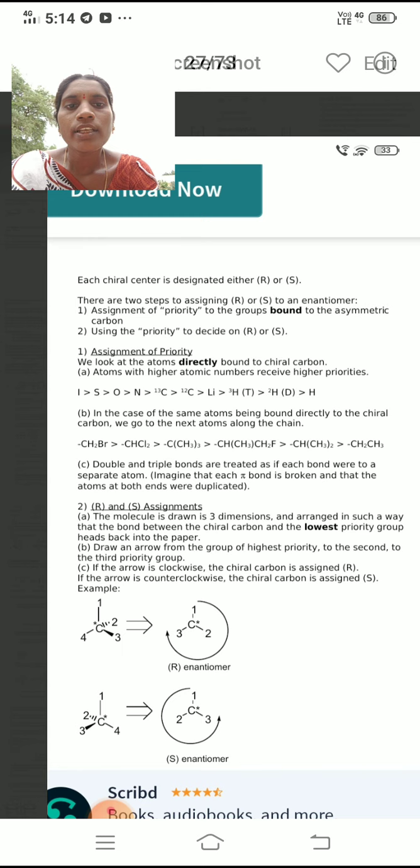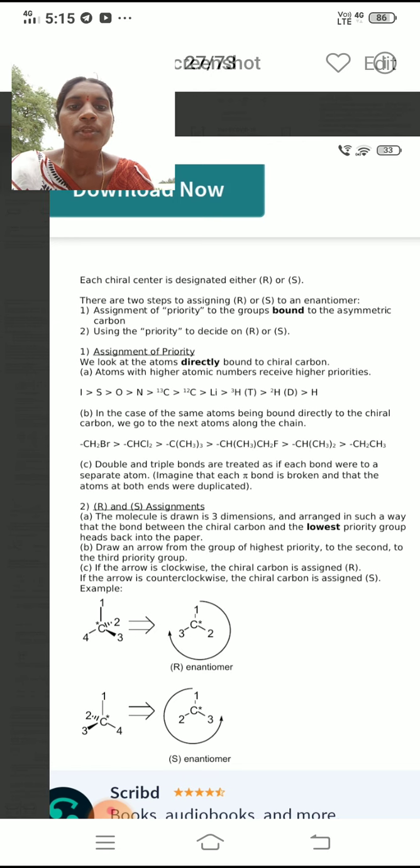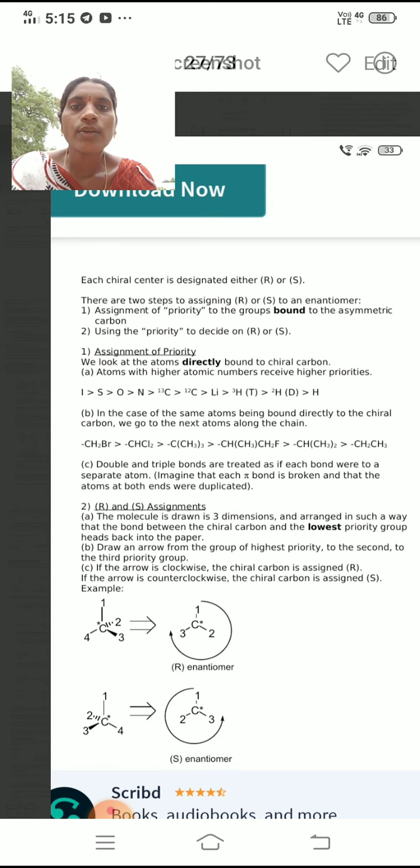The group having the highest priority is given number 1, the next priority group is given number 2, and the next is given number 3.